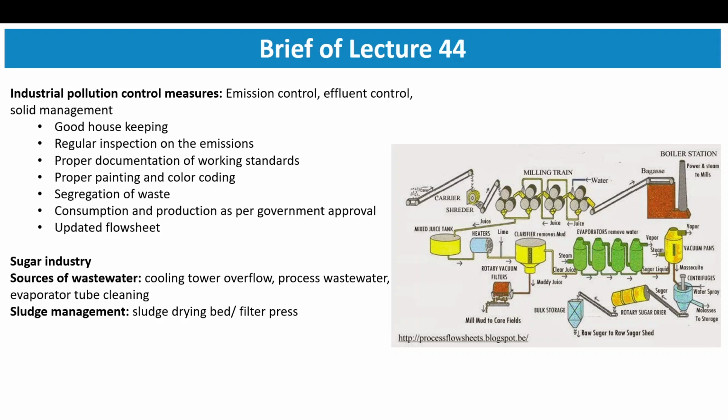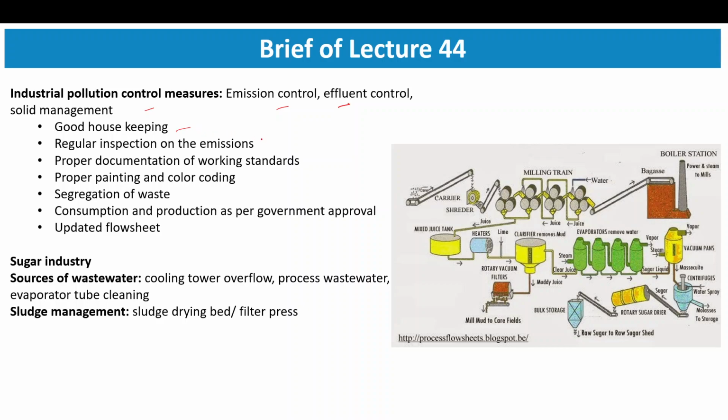Starting with this lecture, it began with industrial pollution control measures, and this has all been covered in great detail, like emission control, effluent control, and solid management. But to have proper measures, we need to have good housekeeping, as there can be some spillage, and to take care of all those, we need good housekeeping.